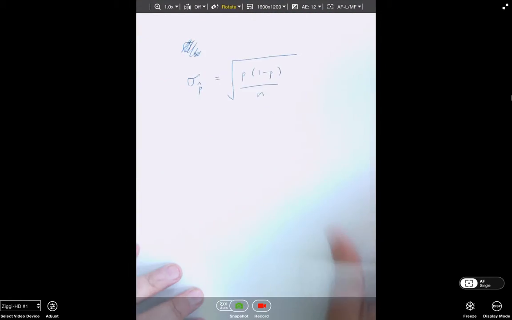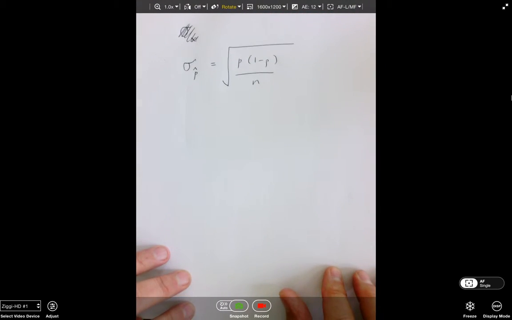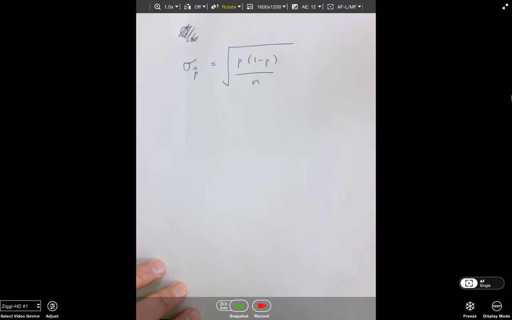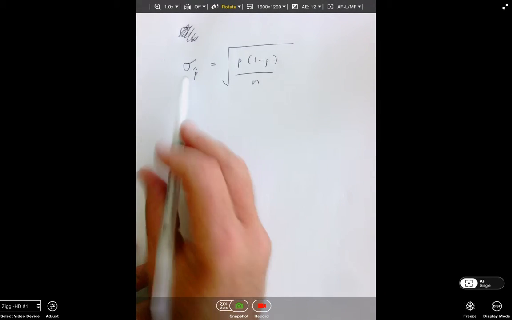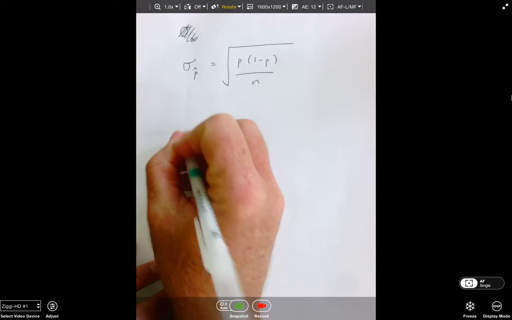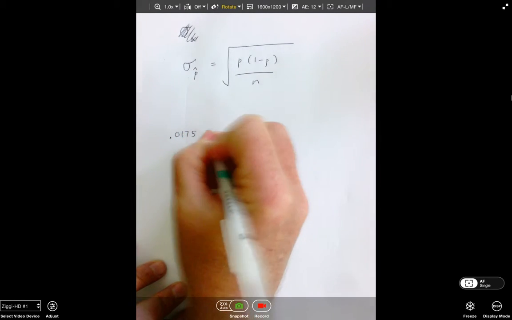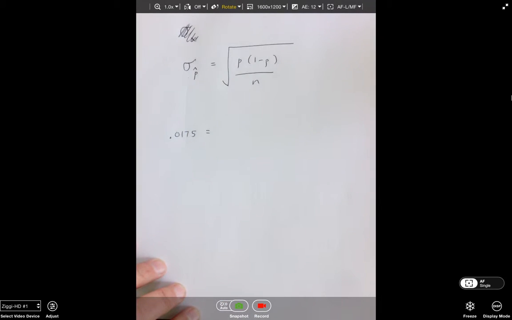So, all right, let's put stuff in where we want. We want our standard error to be 0.0175, and we want to find the sample size that gives this.